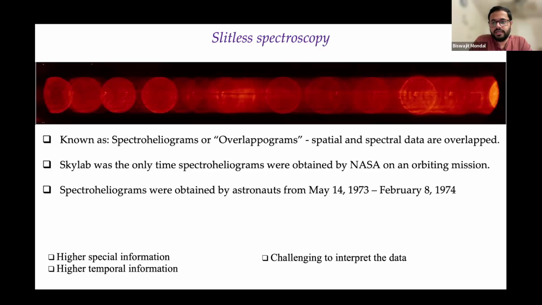Astronauts took these kinds of images of the Sun in the 1970s, but at that time we had limited computational capability, so interpreting this data was very challenging. You can see how one Sun overlaps with the next Sun, each associated with a different wavelength. Disentangling this kind of data was very challenging.